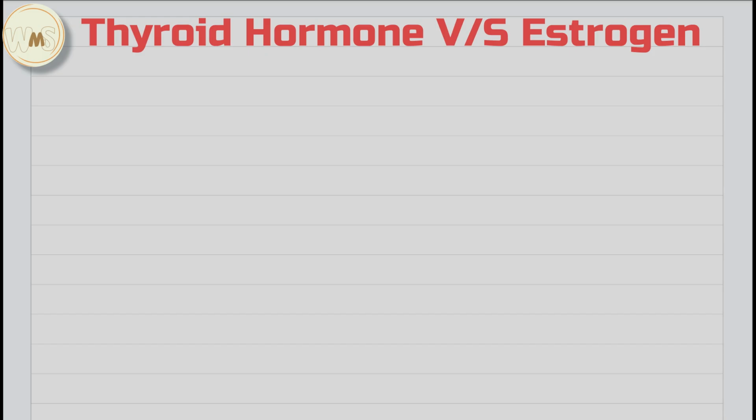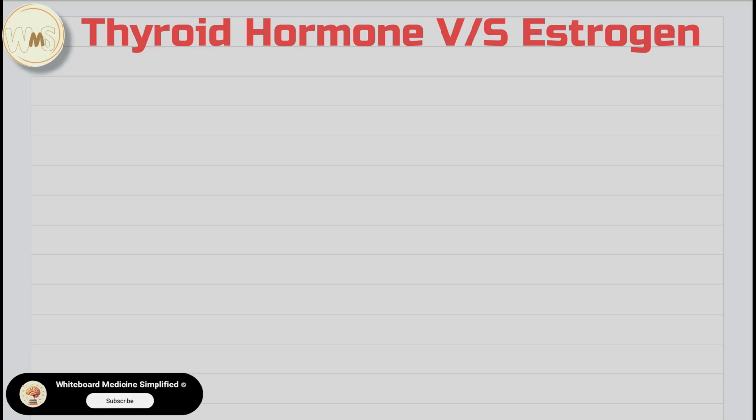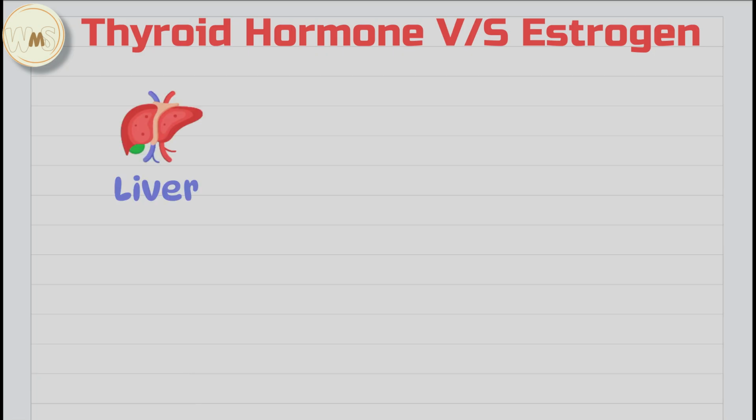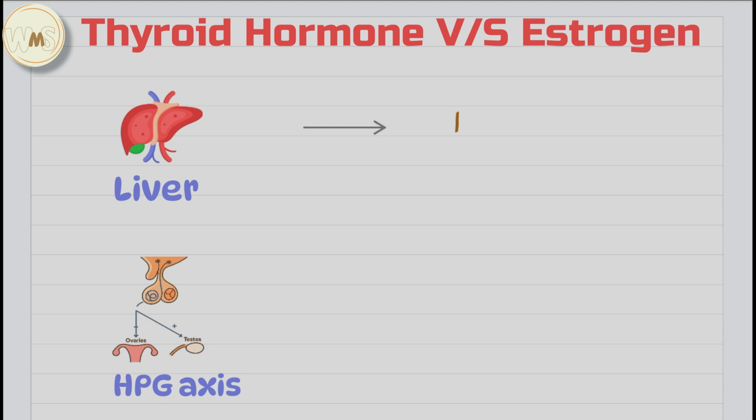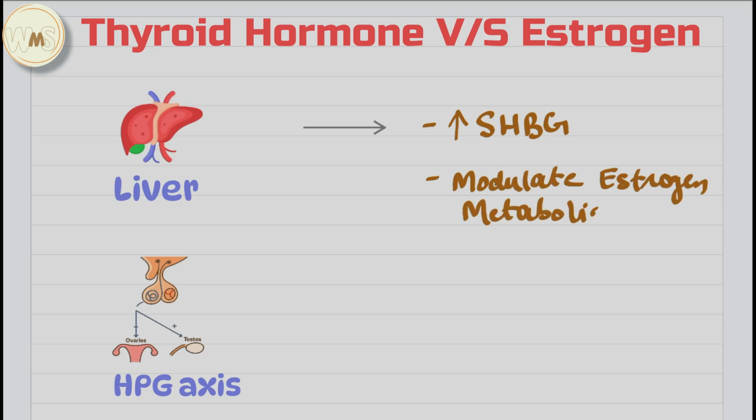The thyroid hormones exert multiple direct and indirect effects on estrogen physiology. These effects are mediated through the action of thyroid hormone first on the liver and second on the hypothalamic pituitary gonadal axis. On the liver, the thyroid hormone increases the hepatic synthesis of sex hormone binding globulins, and also, by its action on the liver, the thyroid hormone modulates the metabolism of estrogen.